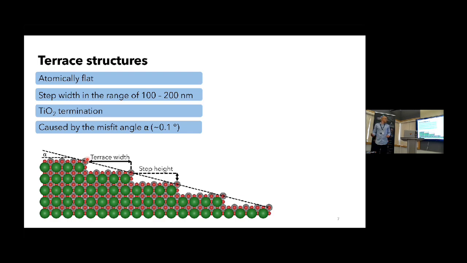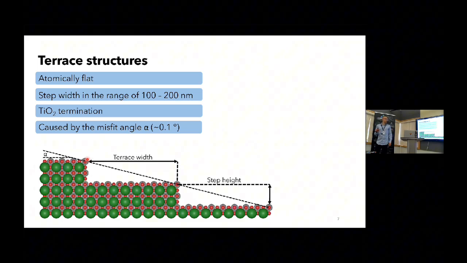But since this misfit angle is determined by different techniques, we still want to increase the terrace width without changing the misfit angle. And this can be done by self-diffusion. For example, with thermal annealing, we activate the atoms to diffuse.